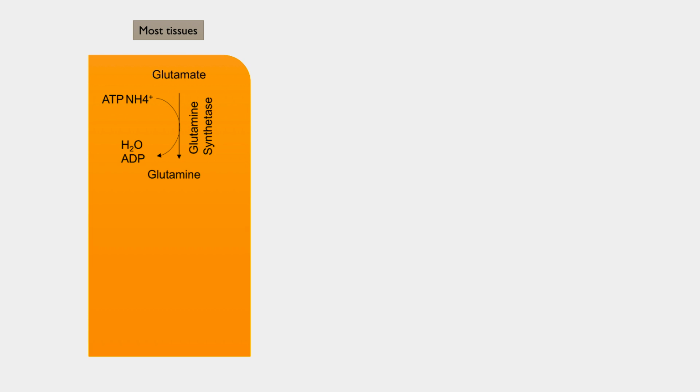So let's put these three enzymes together to see how we use them to transport nitrogen to the liver. So again, if we look at the reaction in most tissues, you have glutamate, which undergoes a reaction with our enzyme glutamine synthetase. And this can fix free ammonium to generate glutamine.